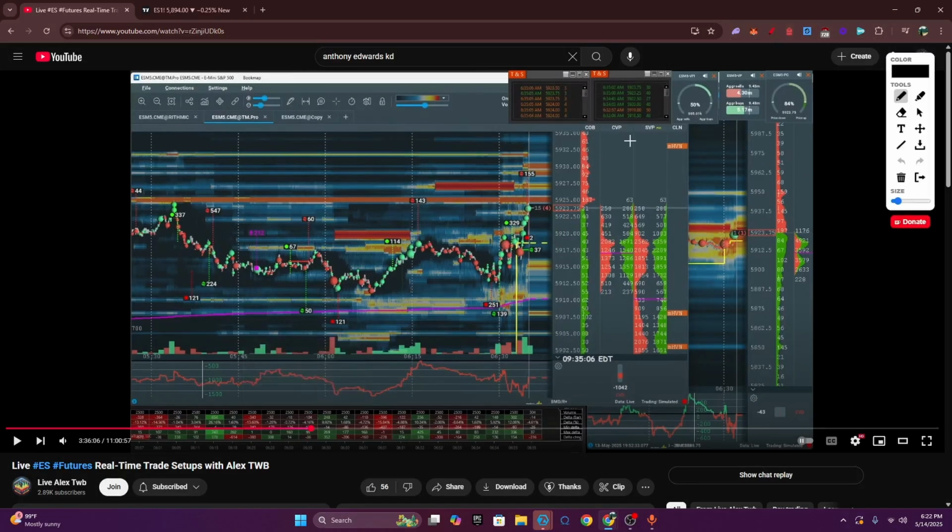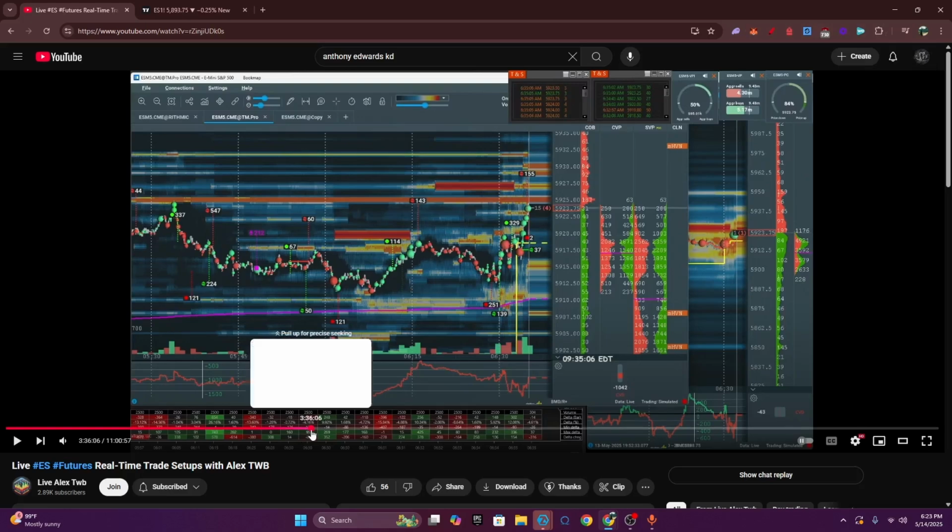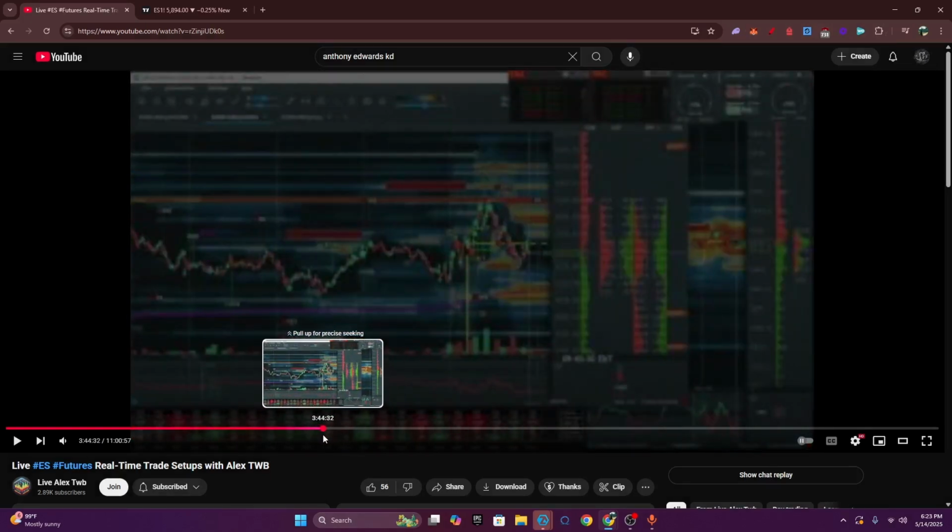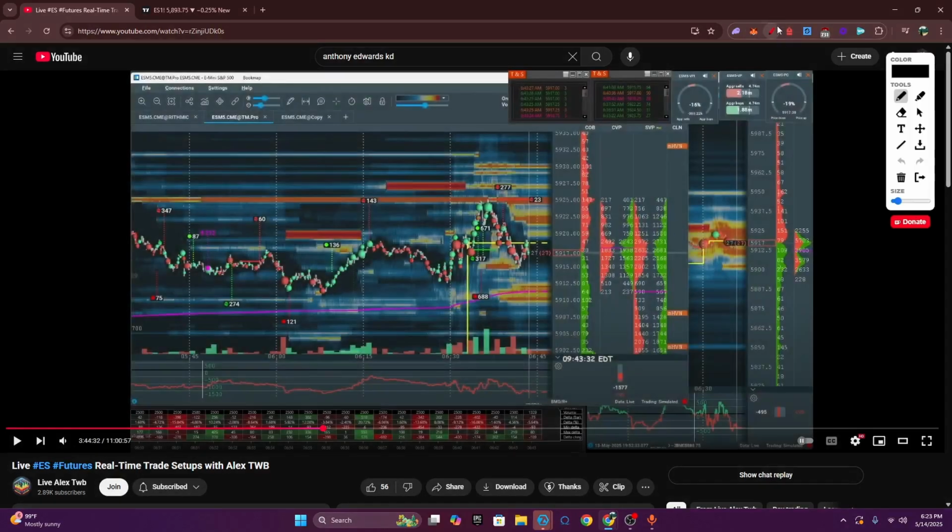So what it looks like is that price opened and the market went directly up. Now we have this key liquidity level up here at 5925. And from that main liquidity, it does seem that we saw absorption for that level. This would be a case of visible Bookmap absorption, and you might be wondering why.